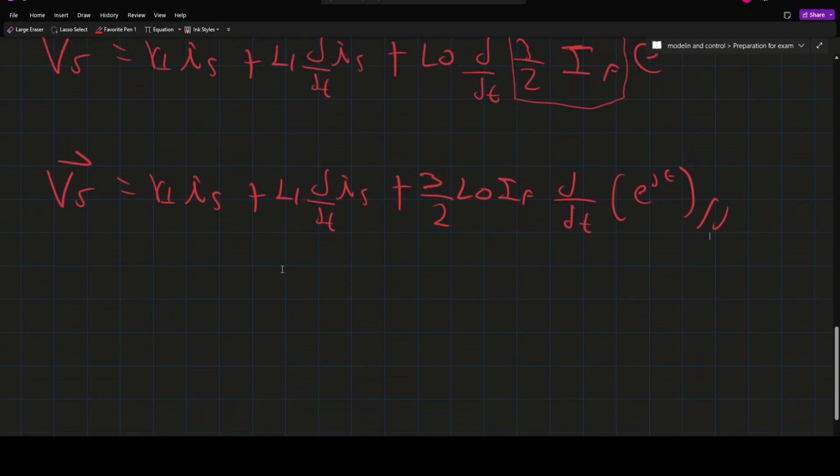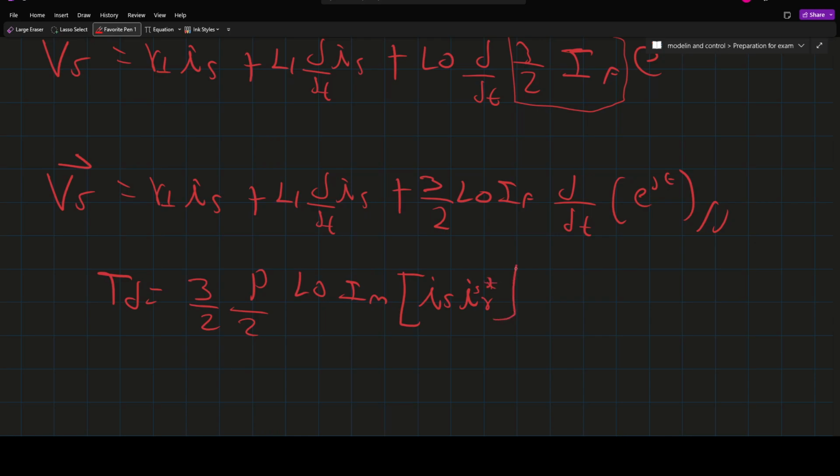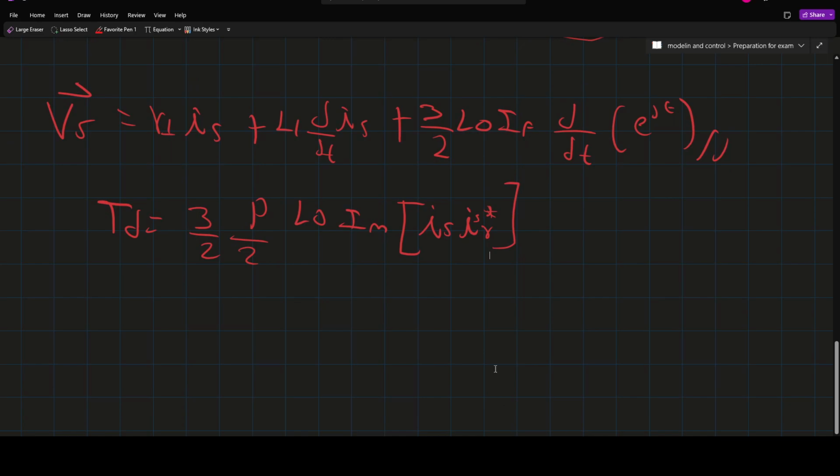And like that, we have our voltage equation for our stator. Now, in terms of the developed torque, we know that TD is 3/2 number of poles over 2 L naught times the imaginary part of the multiplication of IS times ISR, and this ISR has to be conjugated. So we have our ISR.